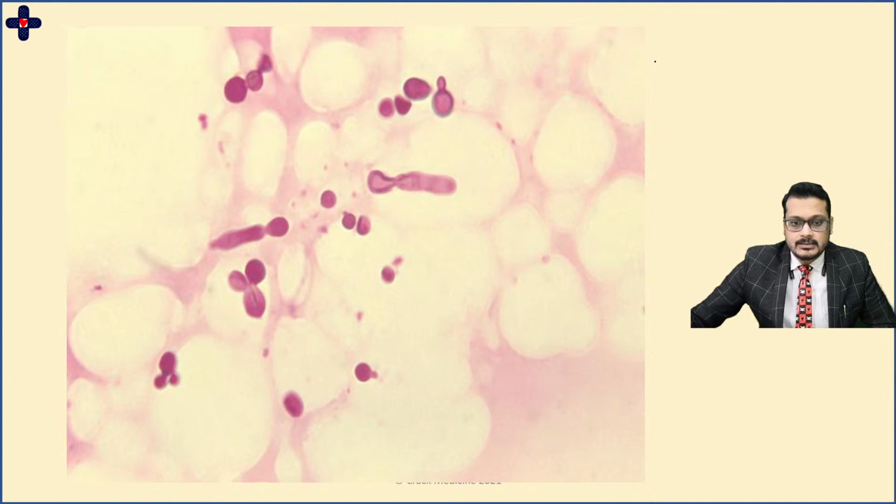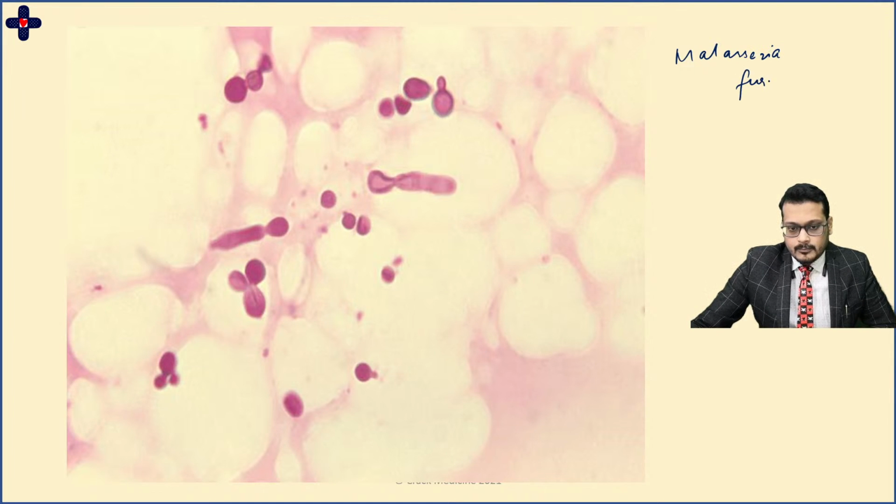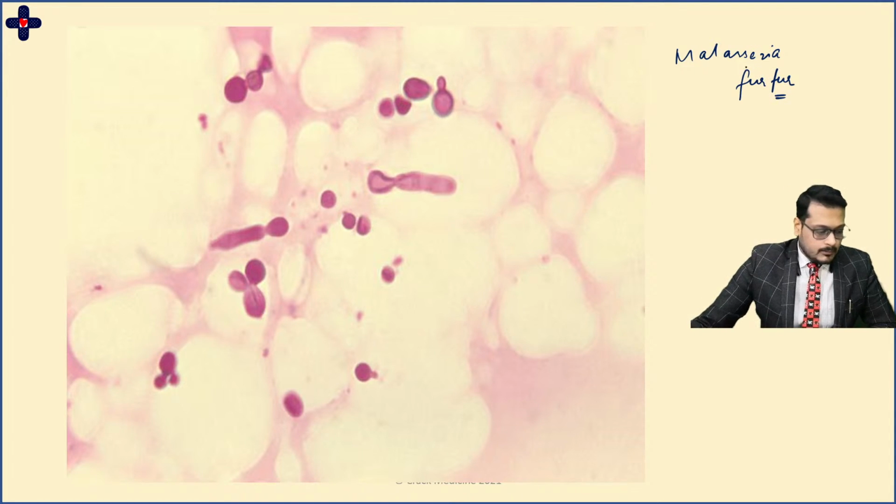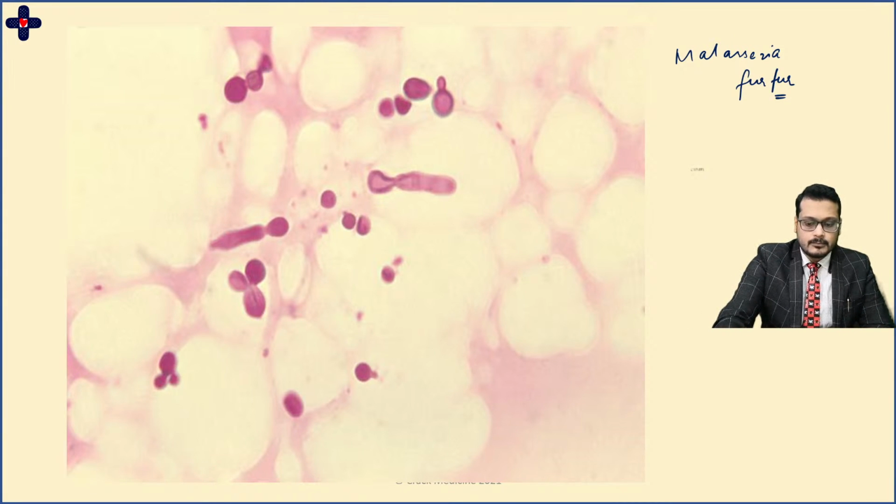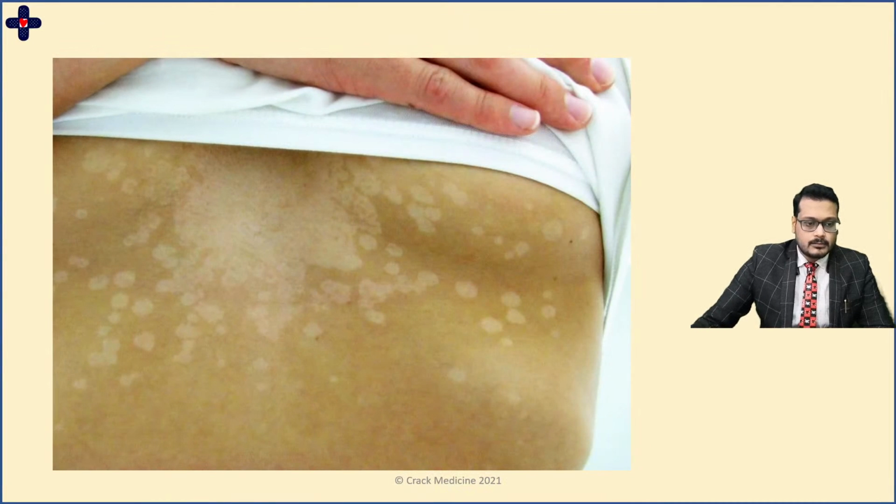This is how your Malassezia looks on a slide. Now, some of you may call it Pityrosporum orbiculare. That is basically the yeast form of Malassezia. And these are the hyperpigmented macules that the question was talking about.